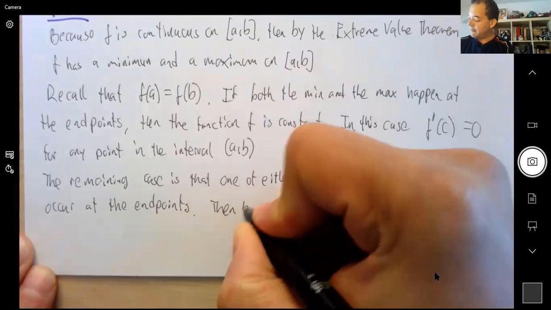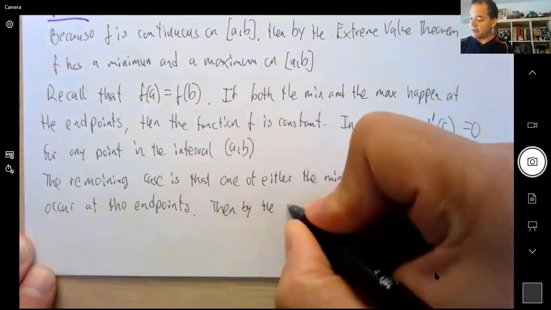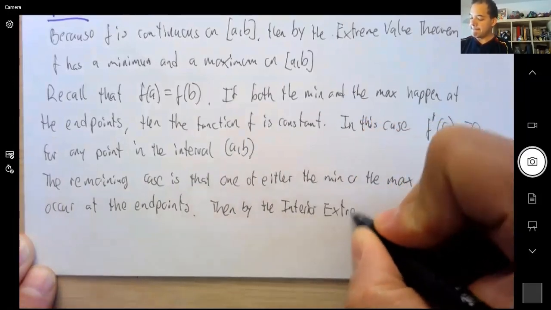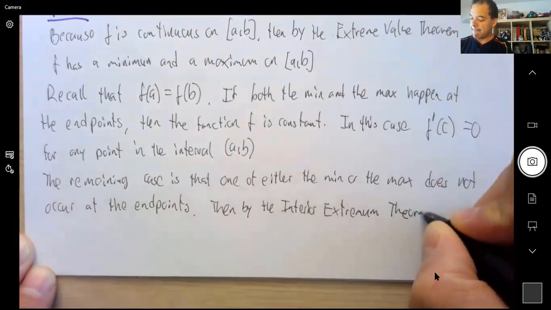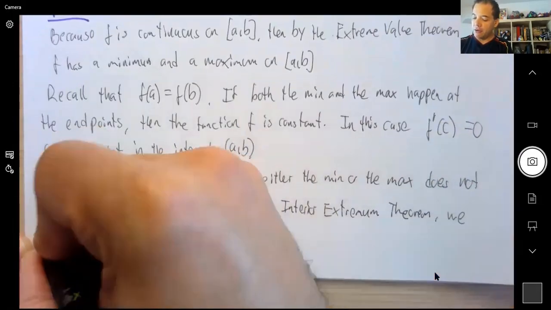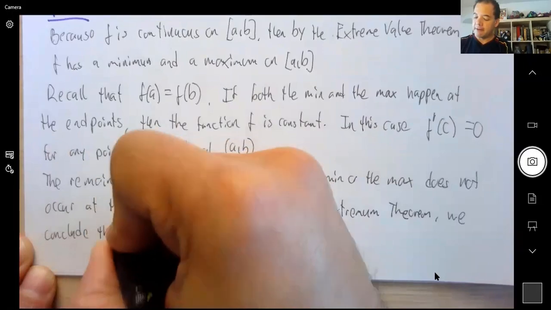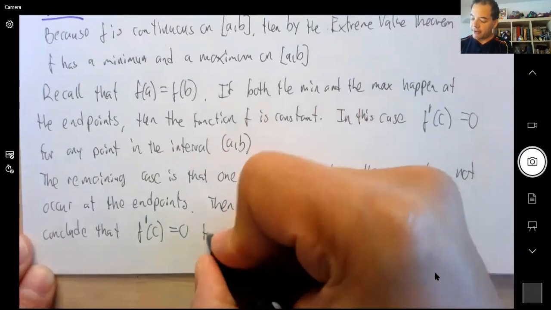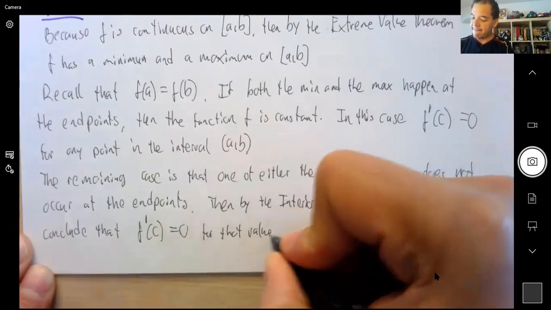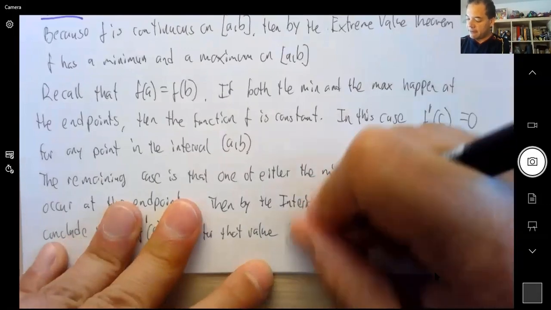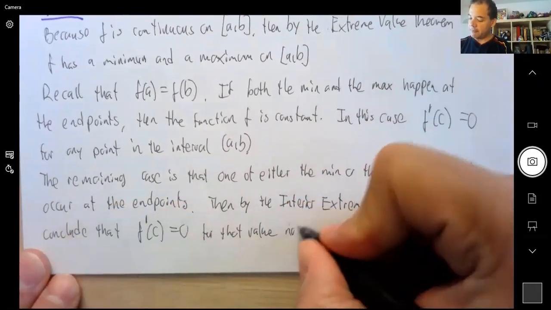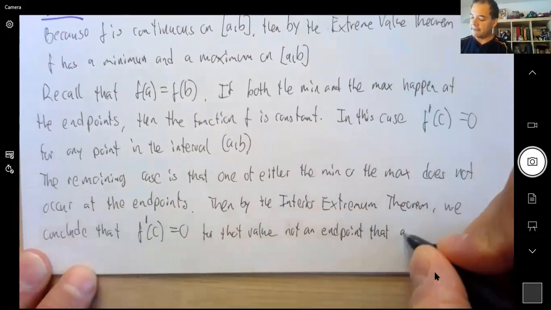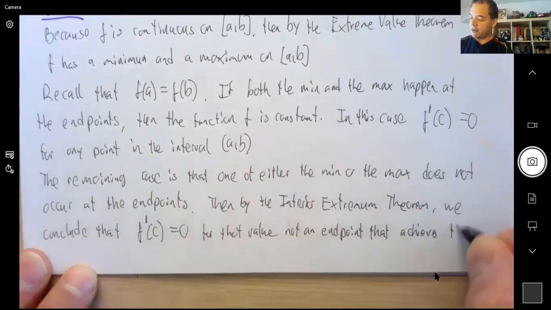Then by the interior extremum theorem, we conclude that f prime of C will be equal to 0 for that value in the interior, not an endpoint, that achieves the min or the max.